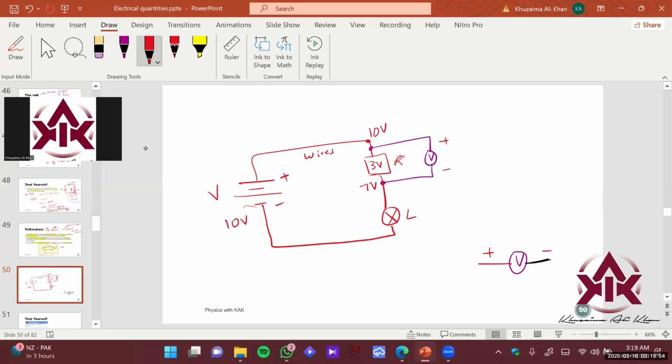But how does the voltmeter figure it out? It basically finds the difference of the voltage. So the voltage coming here will be VA, and the voltage this is measuring here is VB. So the voltmeter subtracts VB from VA.